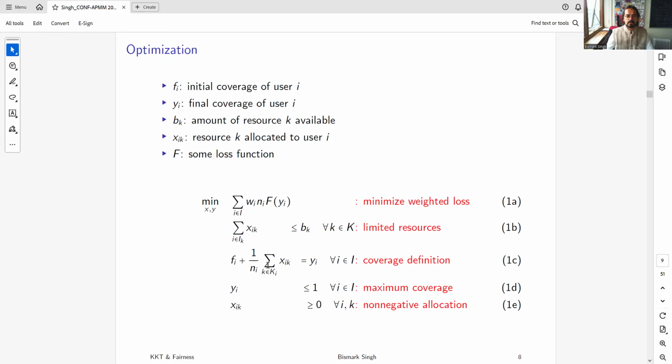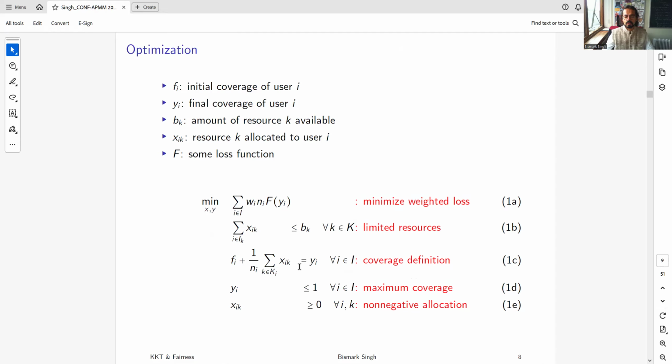So the way this works is, f_i was the initial coverage. x_ik is what we've given now. Scale it down by the population n_i, and sum these things up over all the resources that user i is eligible for. That's K_i, a subset of the resources K that the user is actually eligible for. So this defines the final coverage that's available to us.